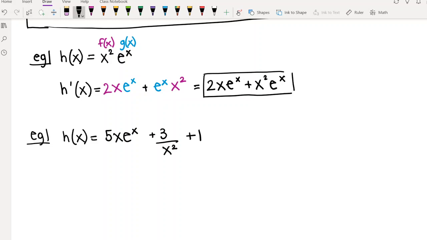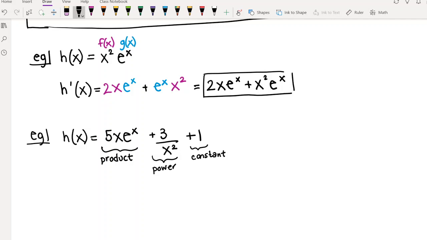Notice that this part here is a product, so we're going to have to use the product rule because we're blending together an x part with an e to the x part. This part here, we can just use the power rule. We won't need any kind of product rule. And then the last part here is just a constant. We know how to take the derivative of a constant.